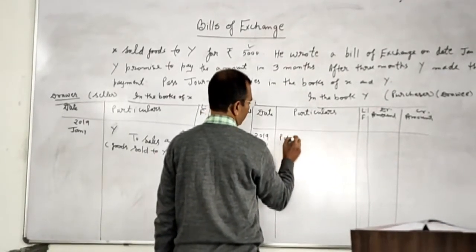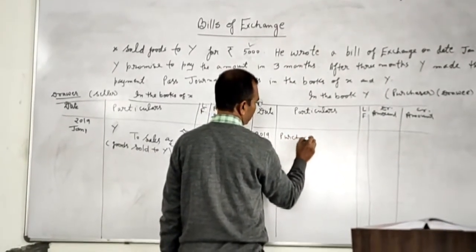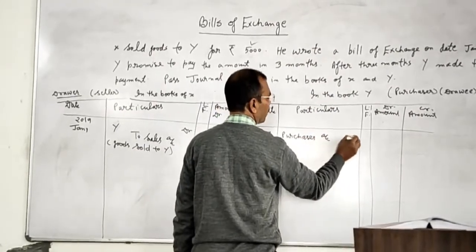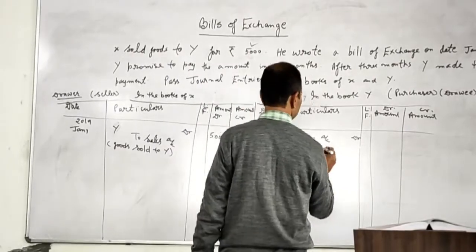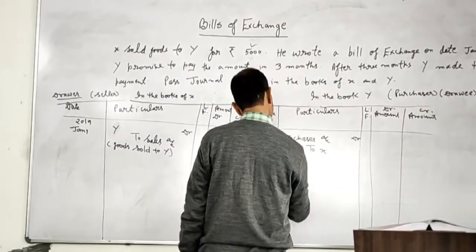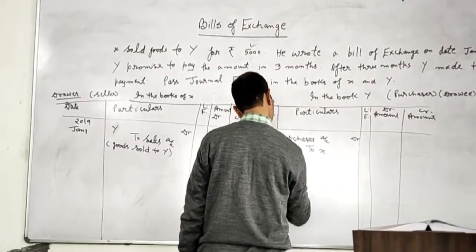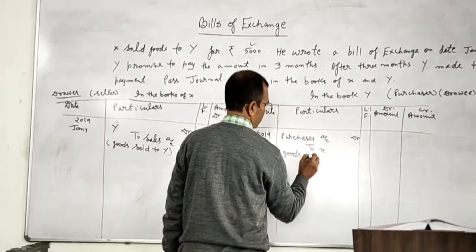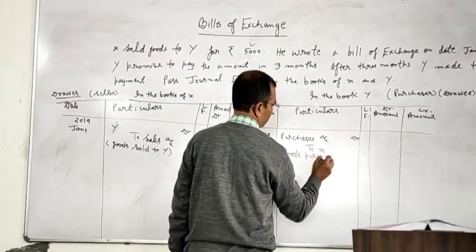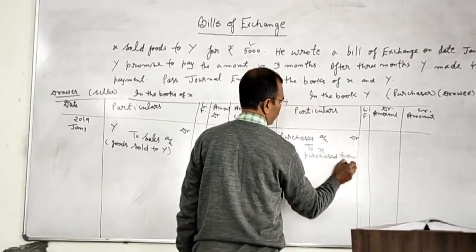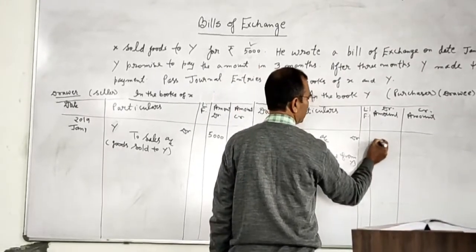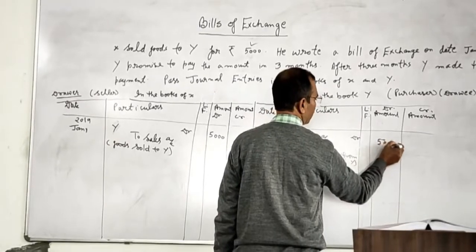Purchase account debit to X, goods purchased from X, and the amount is 5,000.